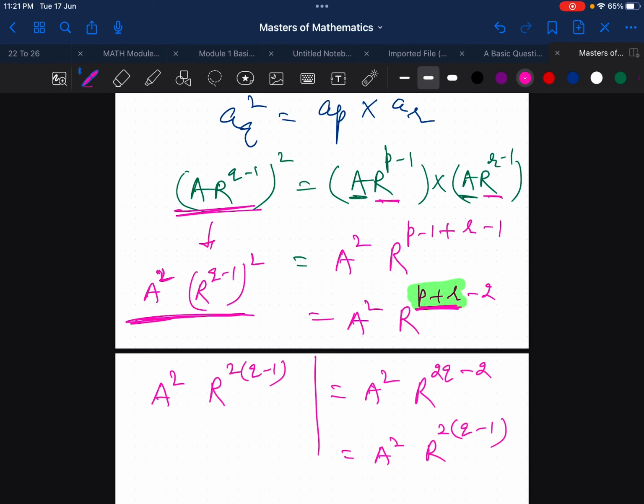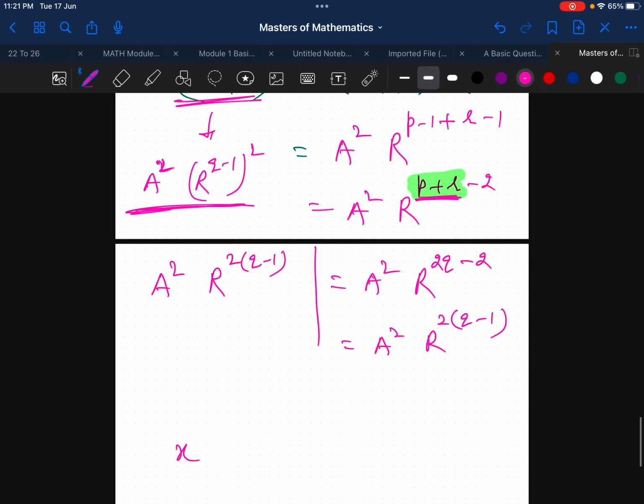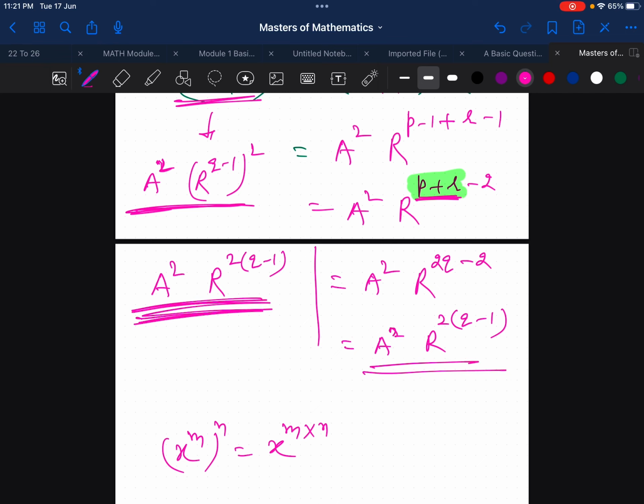By the basic laws of exponents, x raised to power m raised to power n can be written as x raised to power m into n. So you can see LHS is A square R raised to power twice of Q minus 1, and RHS is also A square R raised to power twice of Q minus 1.